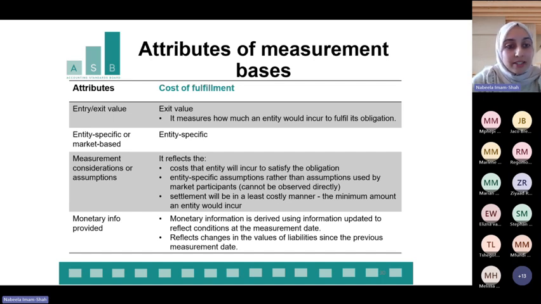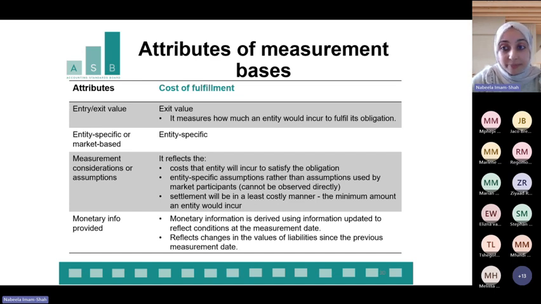So now with this specific measurement consideration and assumption, which is least costly manner, entities don't need to do an exhaustive search of all fulfillment methods to identify the least costly manner, but it should take into account all information that is reasonably available. Now, in absence of evidence to the contrary, the entity's currently selected method of fulfillment is presumed to be the least costly manner.